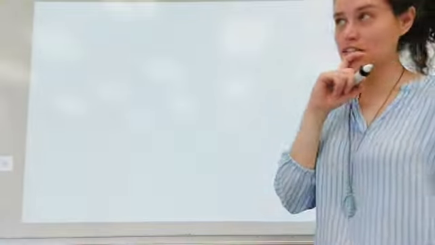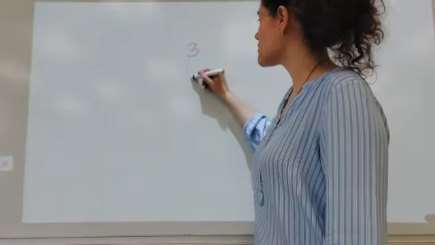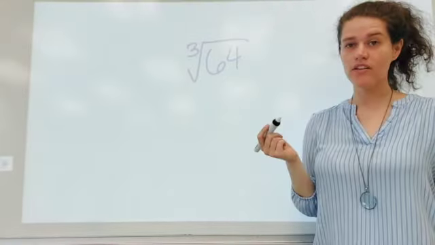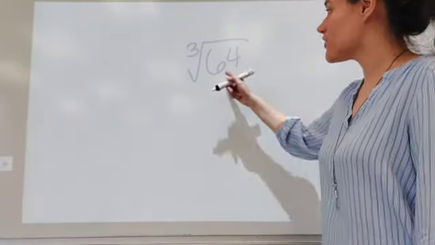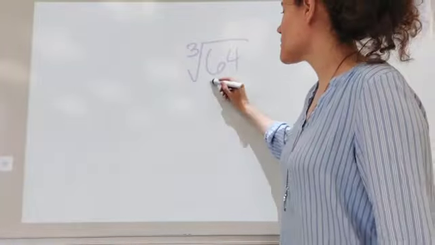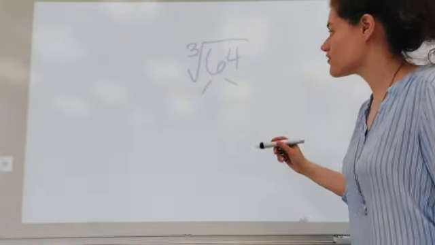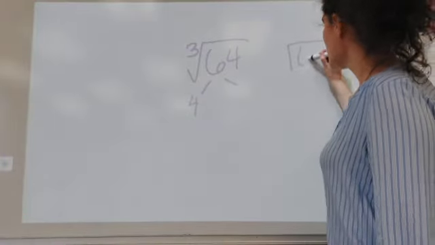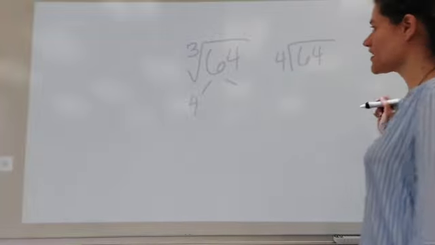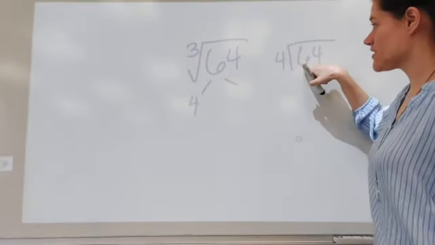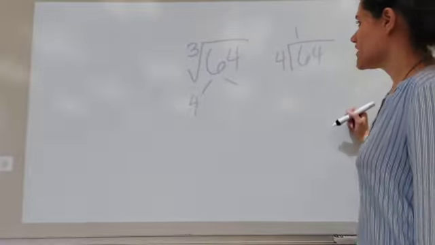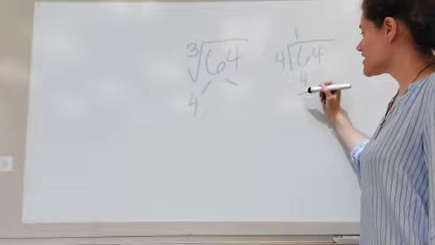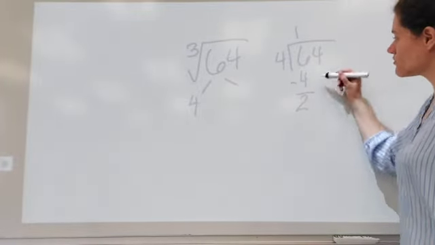So let's say we're taking the cube root of 64. Cube root of 64. So I want to split 64 up. I'm going to do 4 times 4, and then 64, I'm going to divide that by 4. 4 goes into 6 one time. 1 times 4 is 4. 6 minus 4 gives me 2.